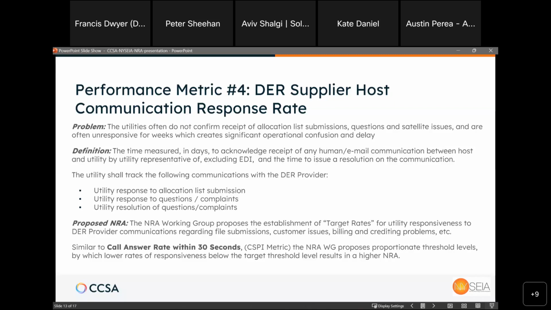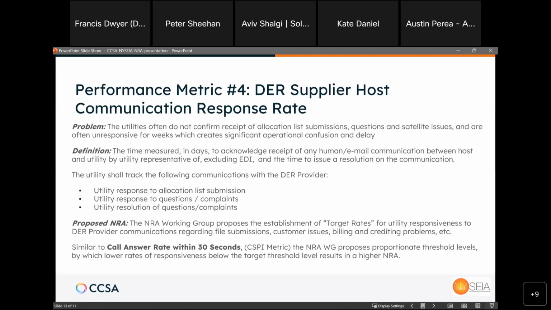Multiple tracking of communications, for example, the responses to the allocation submissions, questions, complaints, and obviously the resolution of those questions and complaints. The NRA will be triggered, at least that's our proposal, by establishing some target rates for the utilities' responsiveness to each one of these 3 subcategories.